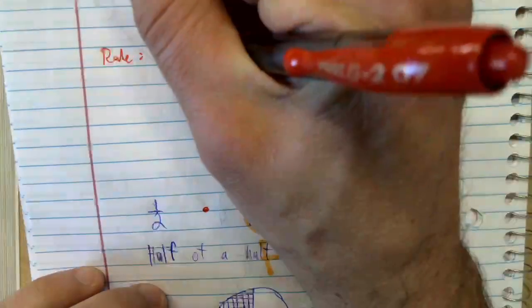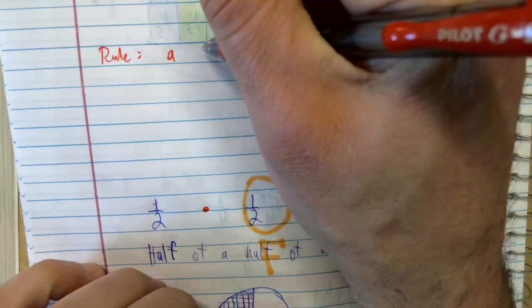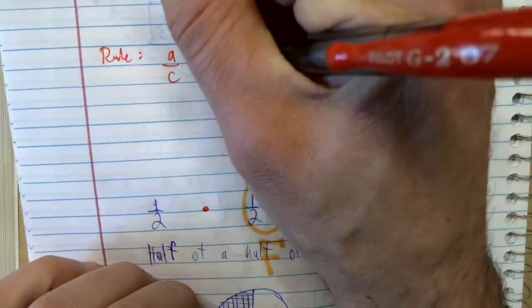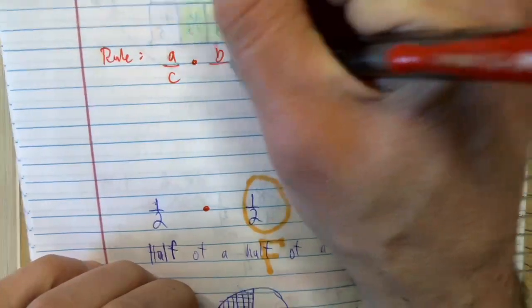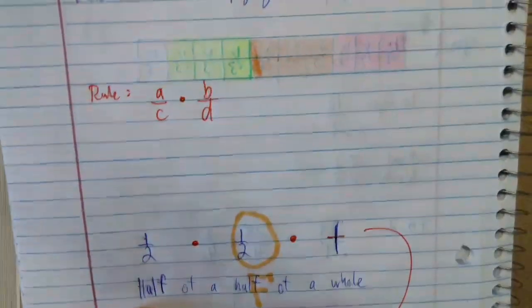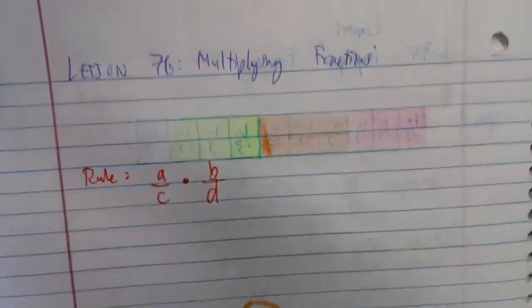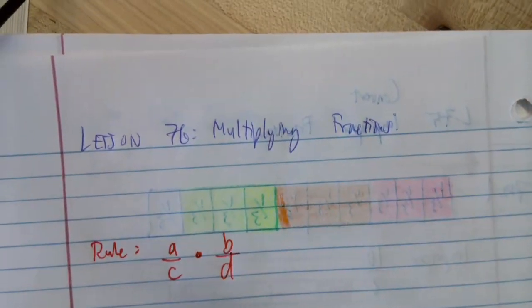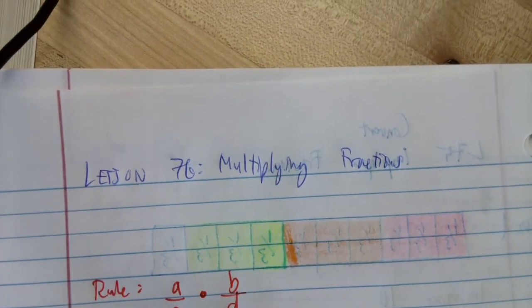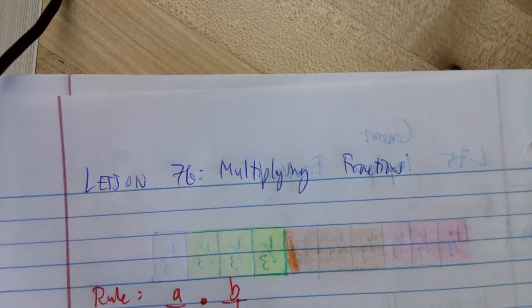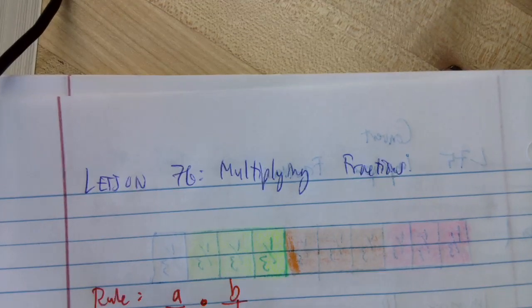So what if I had A over C, and then I want you to multiply that by B over D. Now, that might look really weird because I'm using letters, but I'm just using letters as placeholders. It doesn't matter what number it is. The denominators don't have to be the same.